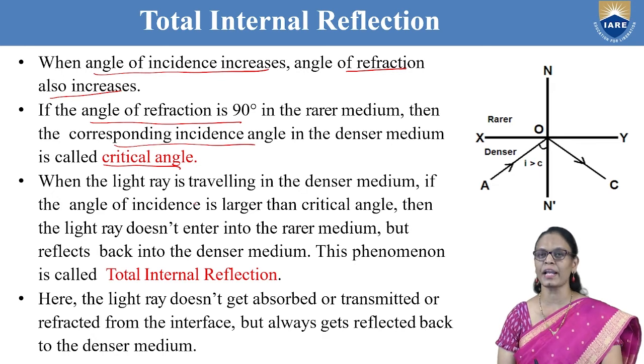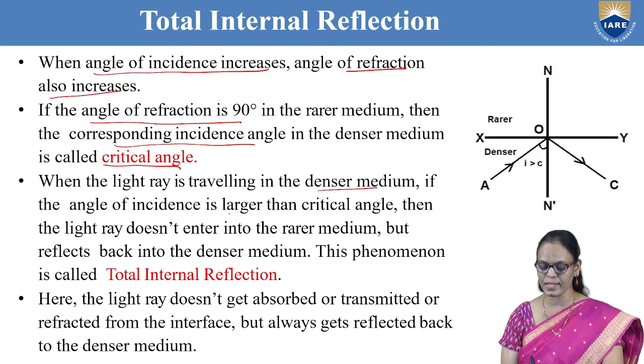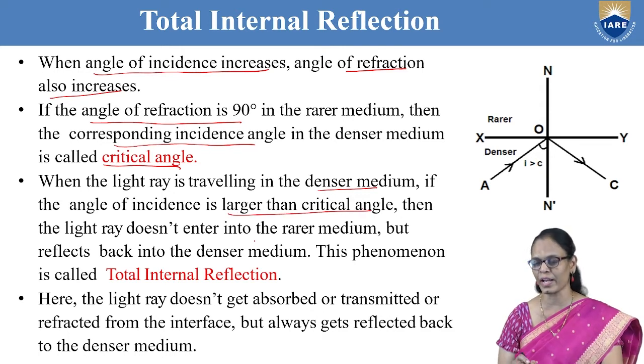So when a light ray is traveling in the denser medium, if the angle of incidence is larger than critical angle, we have seen the condition when I is greater than theta c, then the light ray does not enter into the rarer medium, but it comes back into the denser medium, and we are calling it as total internal reflection.